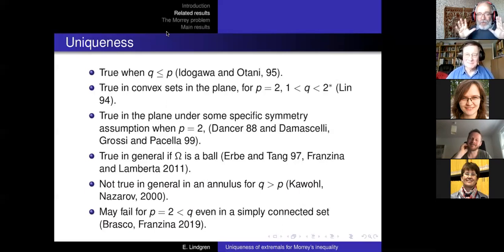For zero at the boundary, the first result was by Steklov. Okay, I see. And moreover, in fact, I can recommend you our survey in the journal Mathematica.